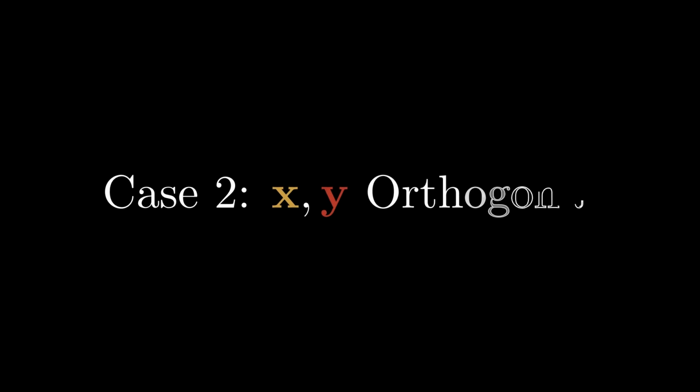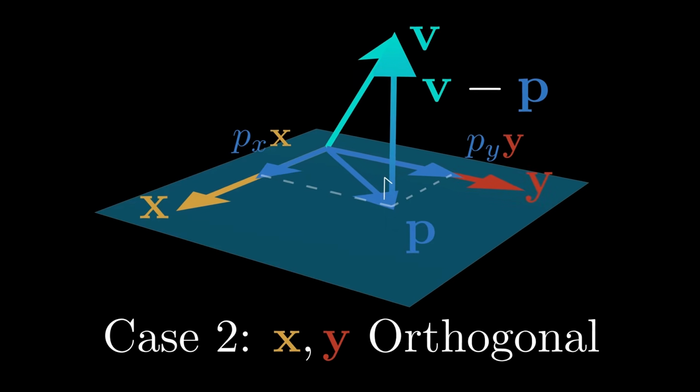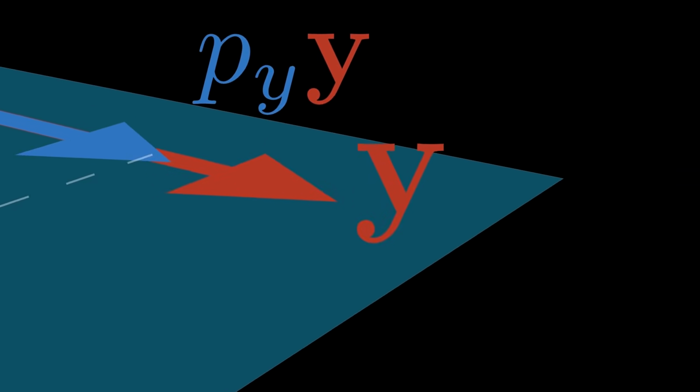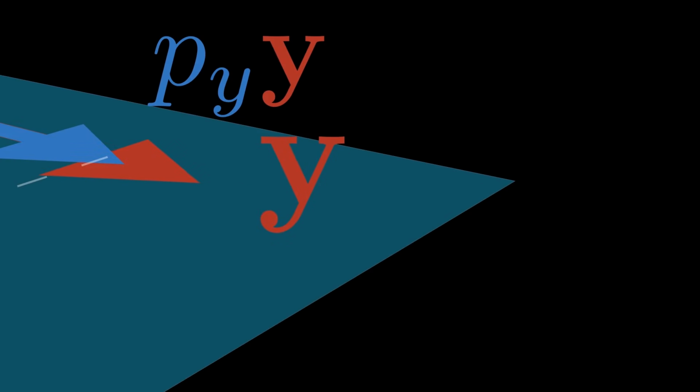Okay, so that was the case of orthonormal basis vectors in the plane. Next, consider when x and y are still orthogonal, but now we'll relax the requirement that they have length 1. And so we'll consider what happens if x and y have different lengths. Maybe for this example, we'll lengthen x, and maybe we'll shorten y.